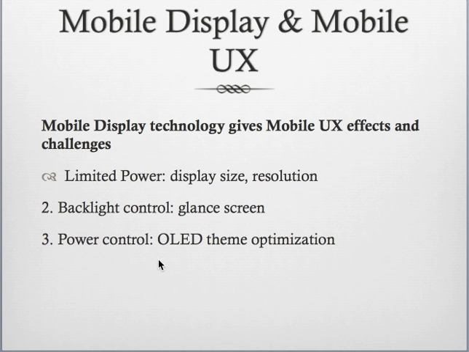That's why many apps also have black background options. So when you design the user experience, you can try to make your application have a black or primarily black background. That might help users save their power.